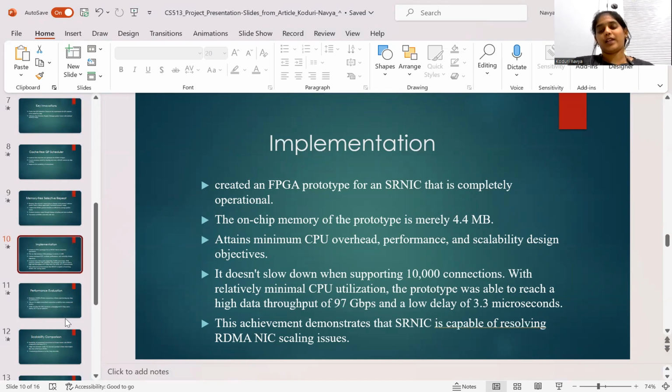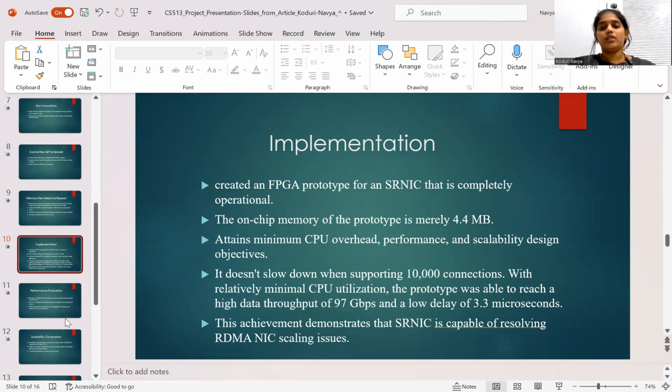This FPGA prototype is mainly developed to reduce the connection scalability and network scalability issues which I have discussed before. Connection scalability was not addressed by the previous works, but this paper is mainly focused on reducing both.